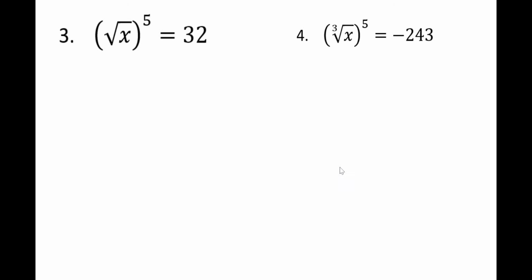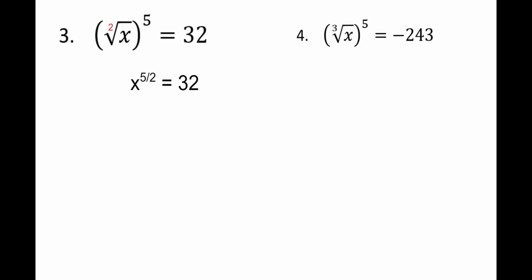Okay, number 3. These don't look like fractional exponents, but remember that we have two numbers here, basically. When you just have a square root, there's always an implied 2. So our first step on this one is to convert the radical form to the rational exponent form, the fractional exponent form.